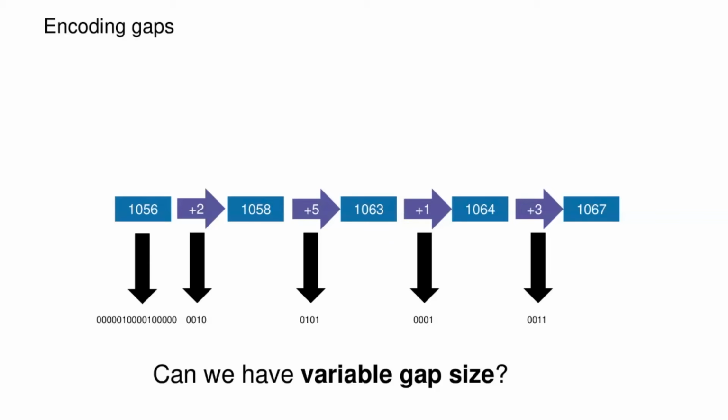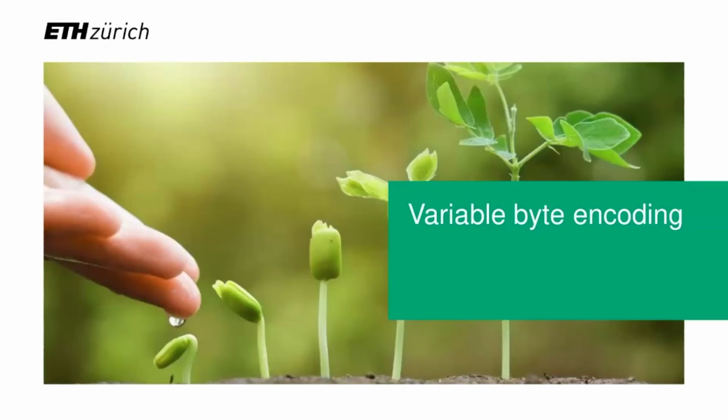If I just have this elasticity that the small integers don't take a lot of space and the very large integers can take more space. So can we have a variable gap size? Of course, as you guess, the answer is yes, and I'm going to show you how. And the first idea is to use a variable byte encoding. That's this first attempt at elasticity.